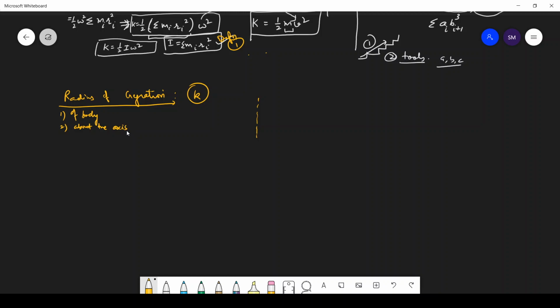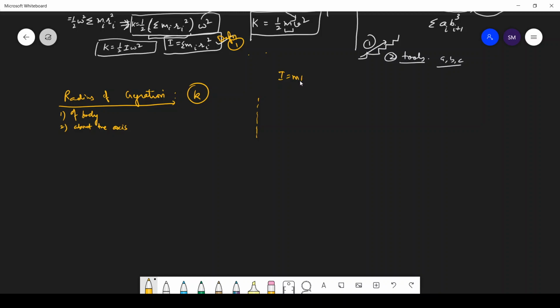At which, if the whole mass of the body were concentrated, its moment of inertia about the given axis would be the same as with the actual mass distribution. So I equals mr square. This is the formula that we have studied.